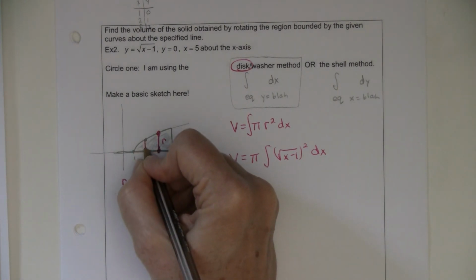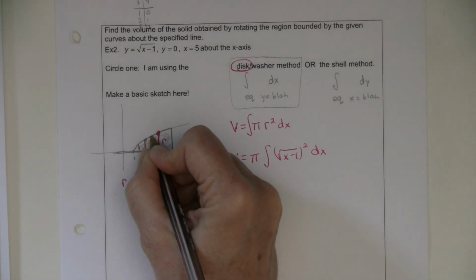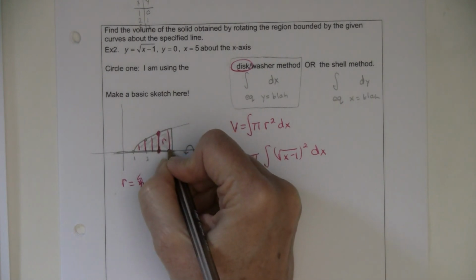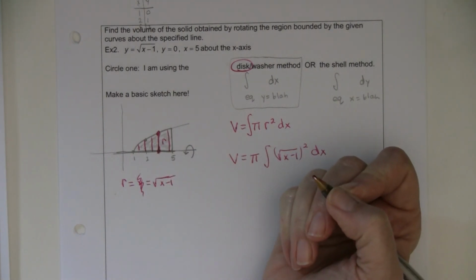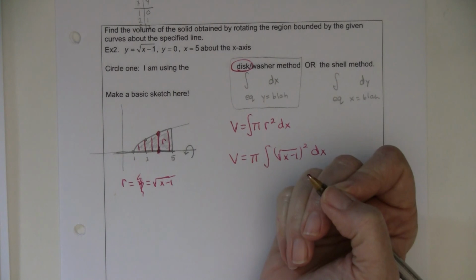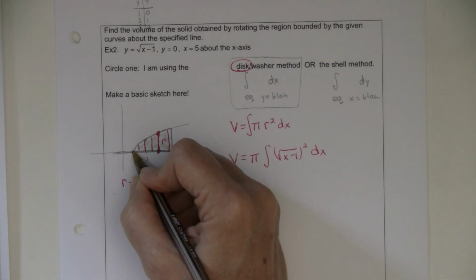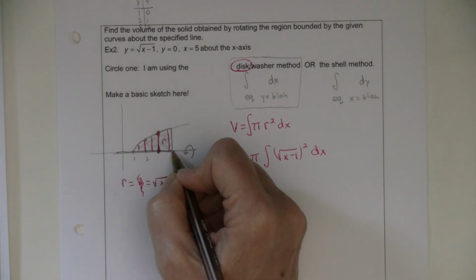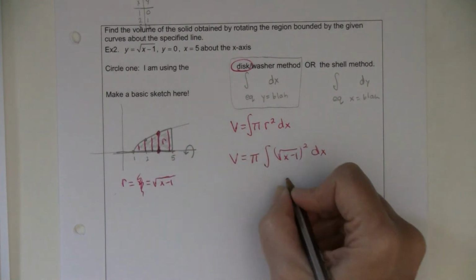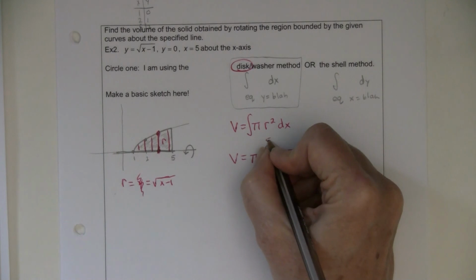So all of these are infinitely many r's that I'm going to draw. I drew one typical one, but there are infinitely many of them, of the radiuses. And the very first one starts at x is 1, and the very last one is at x is 5. So 1 to 5 here.